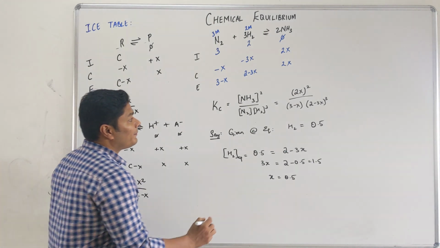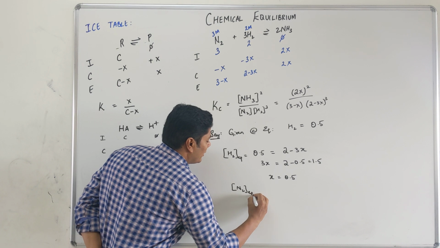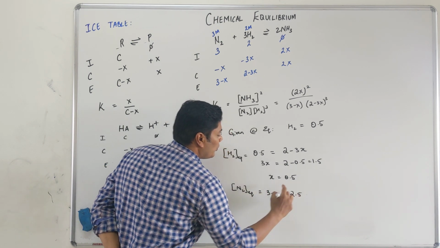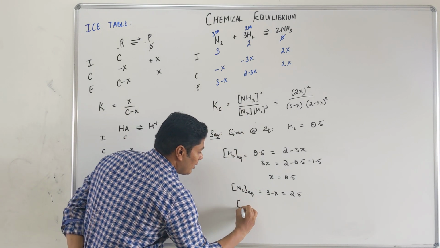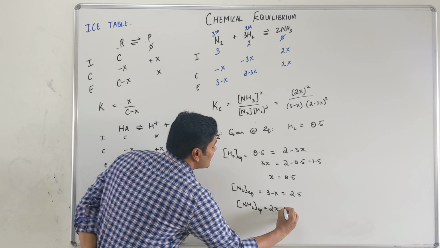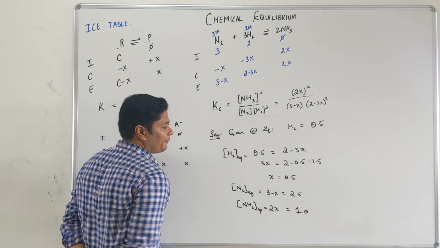Now I know X. I can know my N2 at equilibrium equals 3 minus X, that is 3 minus 0.5, 2.5. Ammonia at equilibrium is 2X, that equals 2 times 0.5, which is 1.0.